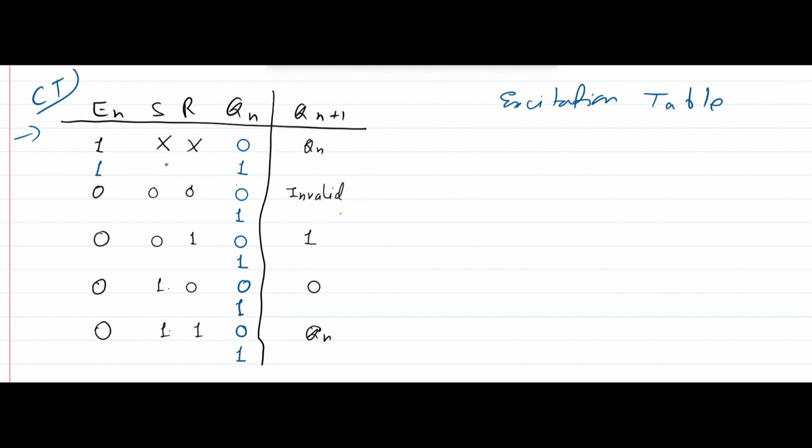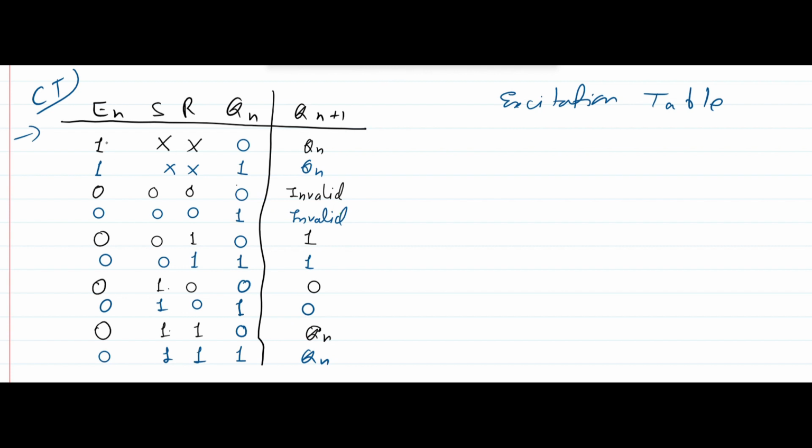So it is 1 cross cross 0 0 0 0 0 1 0 1 0 0 1 and 1. And here I am having Qn, so here also comes Qn, here also comes invalid, here comes 1, here comes 0, here comes Qn.